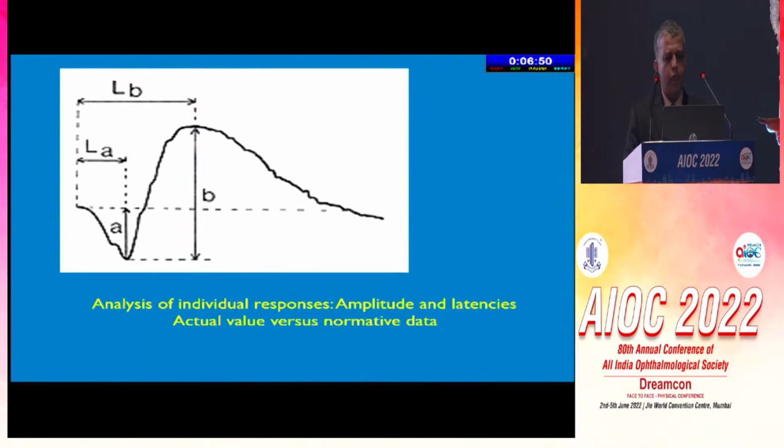Now this is how the waves look. Basically the A wave and B wave are analyzed in terms of amplitude and time to peak. The amplitude is measured from the baseline to the trough in case of the A wave, and from the trough of the A wave to the peak in case of the B wave. The time to peak is measured from the stimulus to the maximum response.